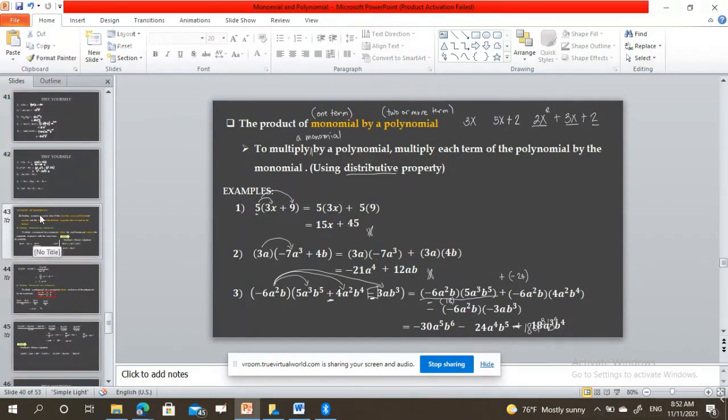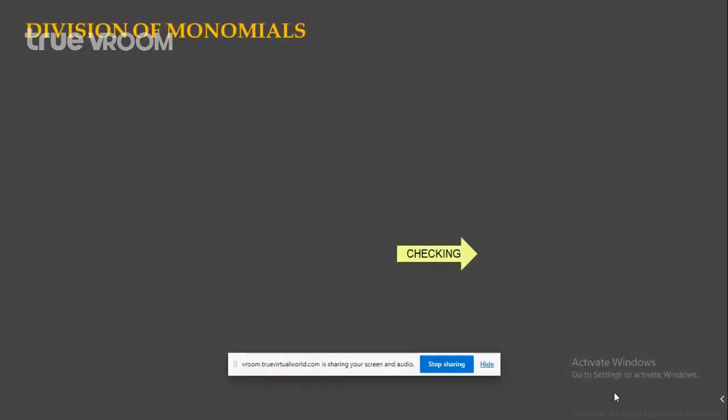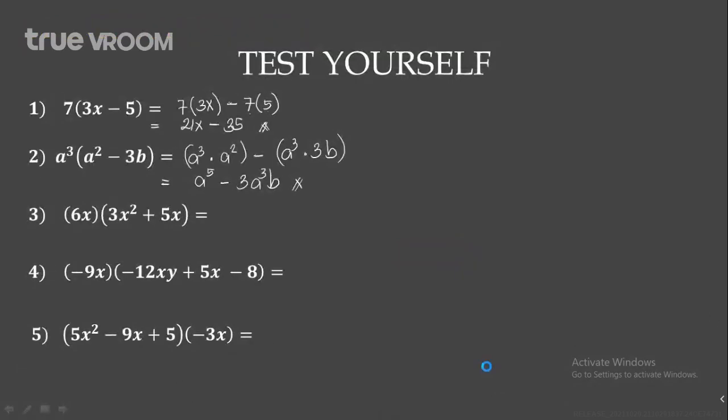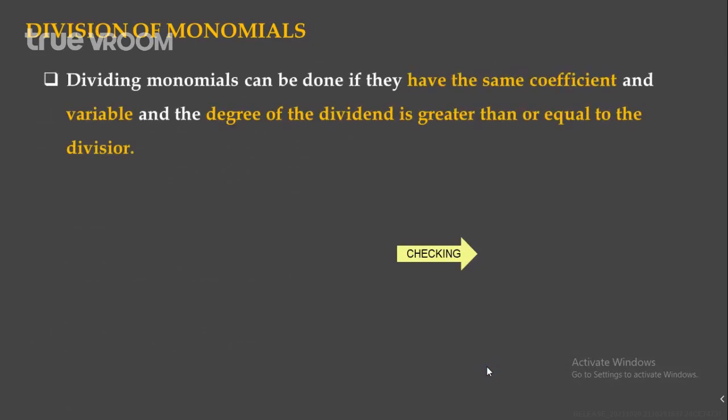So today we are going to study, or continue with, the topic about division. So, division of monomials. The same with multiplication, we also have the rules in dividing monomials by a monomial. So let's start with this one.